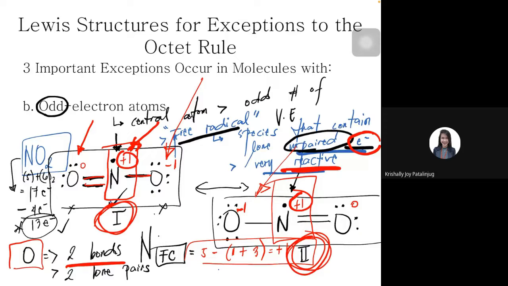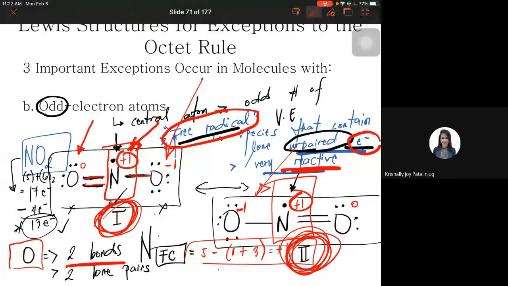So usually, kapag you encounter free radicals na merong unpaired electron, for them to attain their stable state, especially for the central atom, kailangan nilang mag-react with each other. One molecule of nitrogen dioxide, another molecule of nitrogen dioxide, for the central atom to attain octet. So let me draw it.